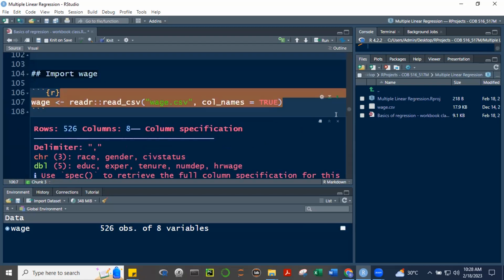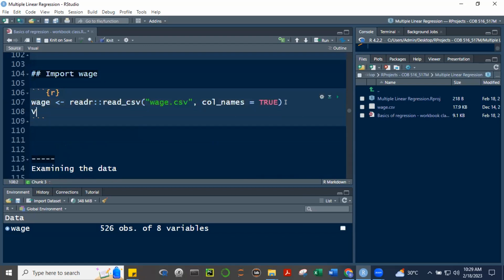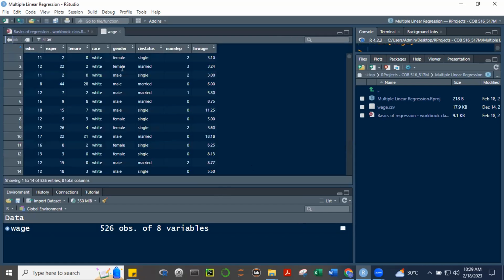So what we can do now is, close ko na muna to, and then tingnan natin data natin. We can use View. Okay, pag ginamit natin View, it's just the same as clicking this one. View, wage. Let's take a look at our wage data set. So ito yung wage data set natin.